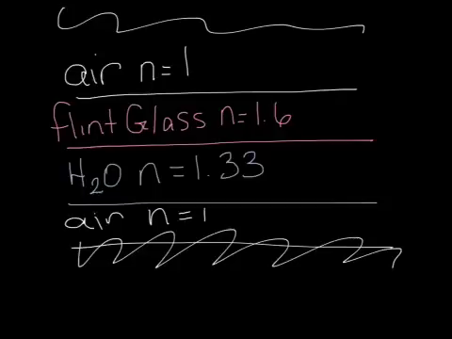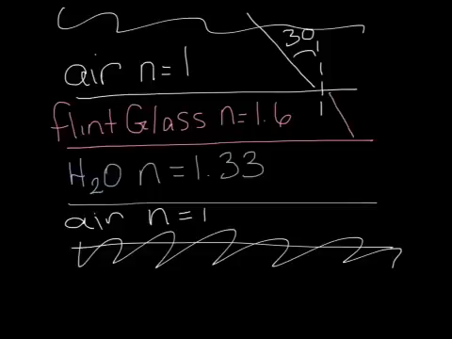Well, we know light comes in, we're going to say it comes in at 30 degrees, and it hits our boundary at 30 degrees. Well, we know the index of refraction of the flint glass is more than 1, so it's going to bend more.